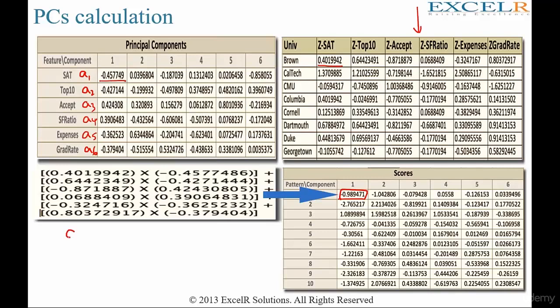So it is A11. I'm saying 11 because I'm referring to the first principal component in the first row basically. A11 multiplied by your x1, this one. I'll say x11 because it's related to Brown University, plus A12, which is this value.